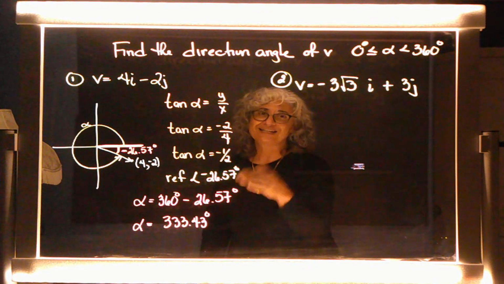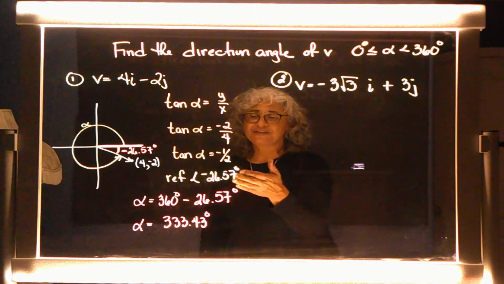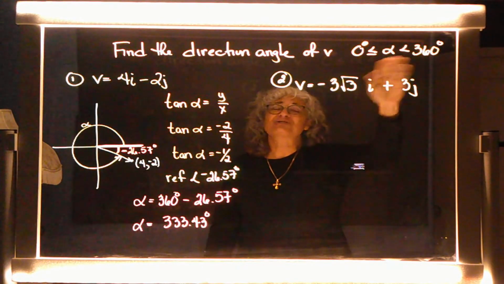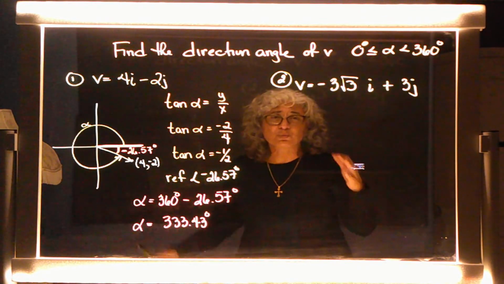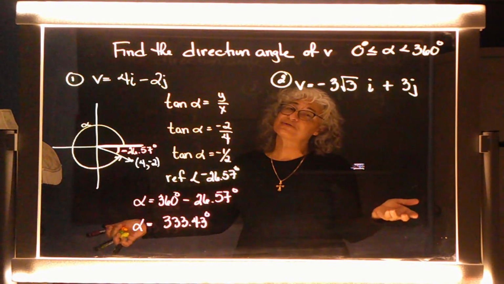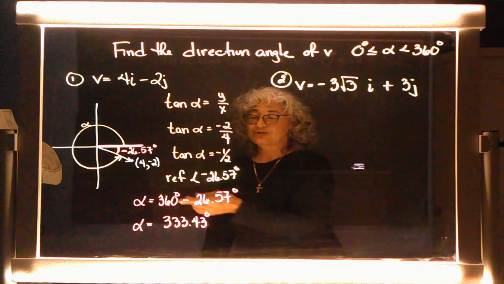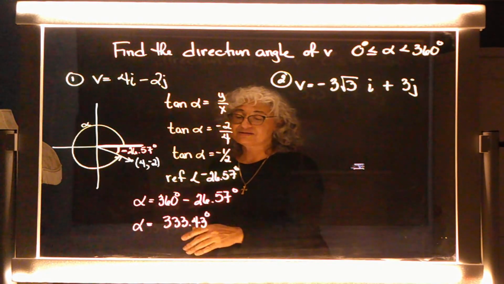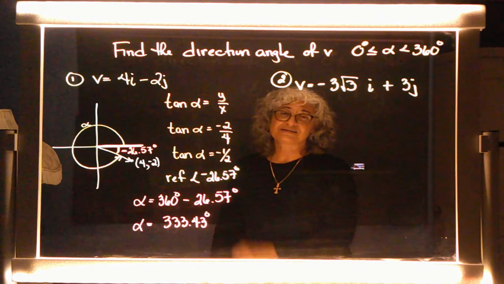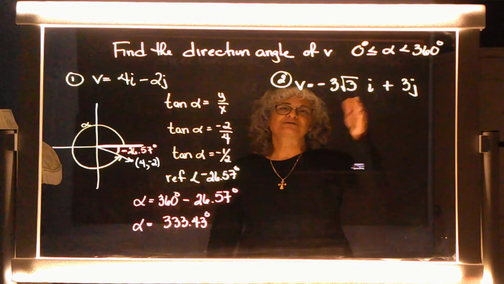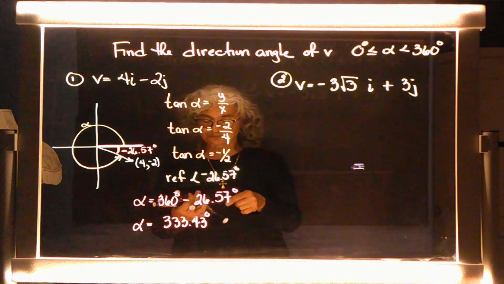And when I punched it in, I got a negative angle. And this negative angle is that quadrant 4 angle, but the restriction didn't want a negative angle. It wanted a positive angle. Reference angles are from the x-axis. So I took 360 degrees since I was in quadrant 4 and minus the 26 and got this answer for alpha. Good? Okay, so let's see over here on number 2.